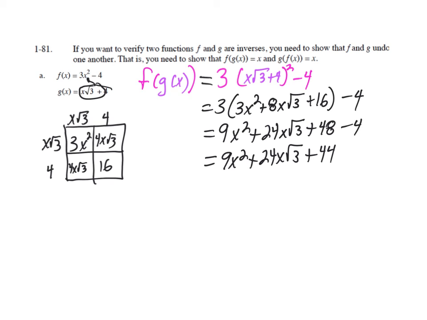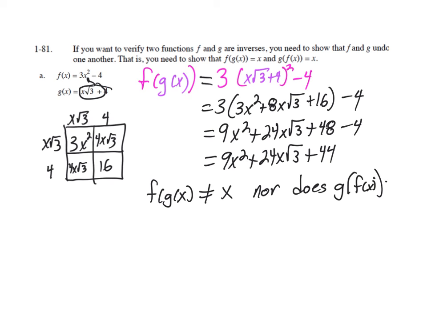So I'm also guessing that g of f of x will not either. So f of g of x does not equal x, and you can verify the other one, nor does g of f of x.